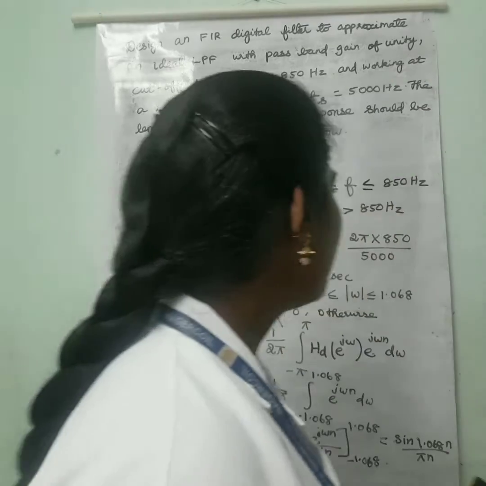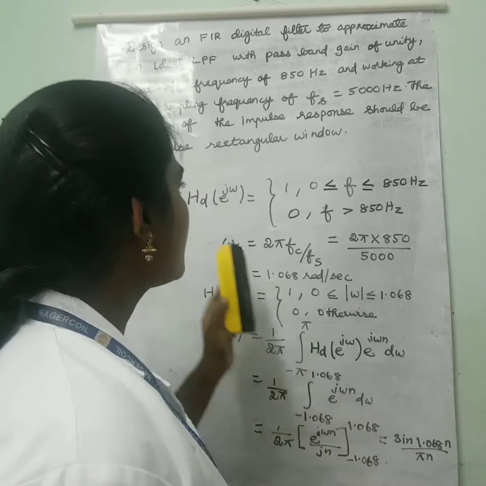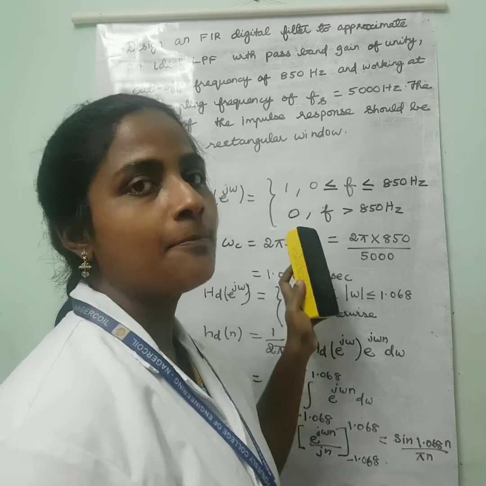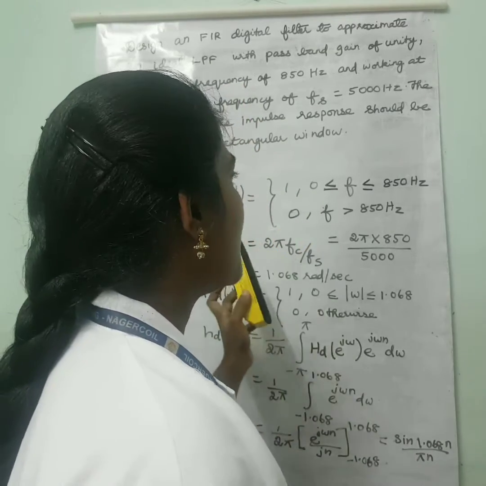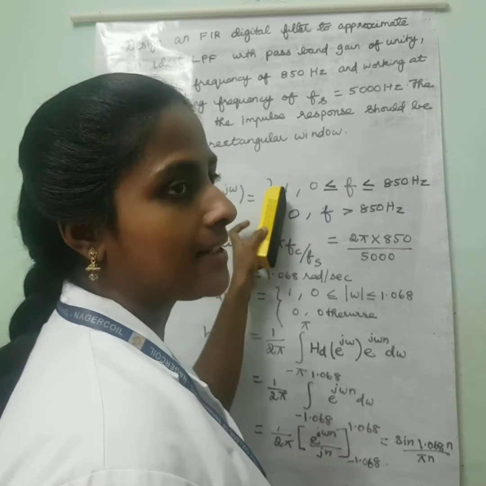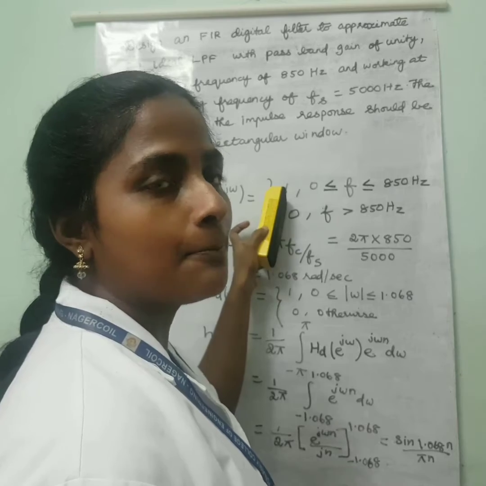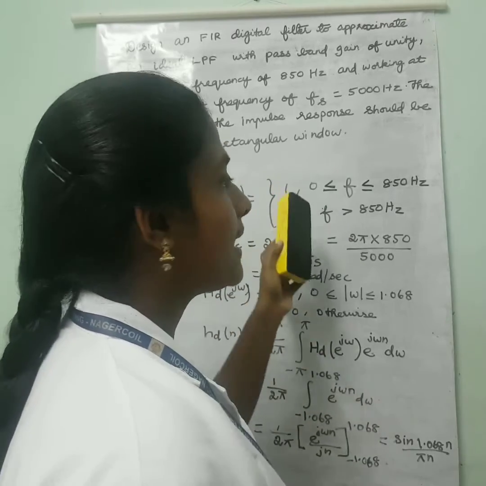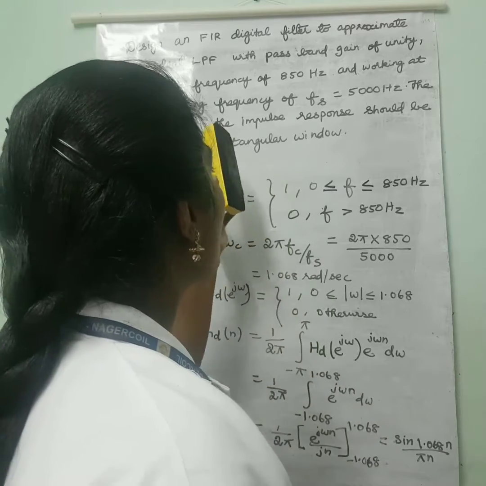The given data is an ideal low pass filter, that is, Hd of e power minus j omega value is always 1 for the given limit, since it is a low pass filter.